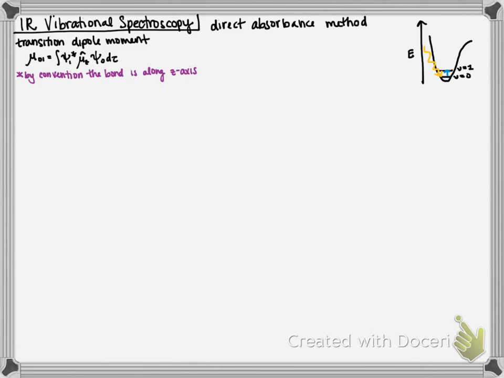We're going to carry that convention over in spectroscopy and define the bond of interest as being along the z-axis. Really, our axes and our coordinate system are sort of arbitrary, but we are going to set this such that the z-axis is always along the bond of interest.